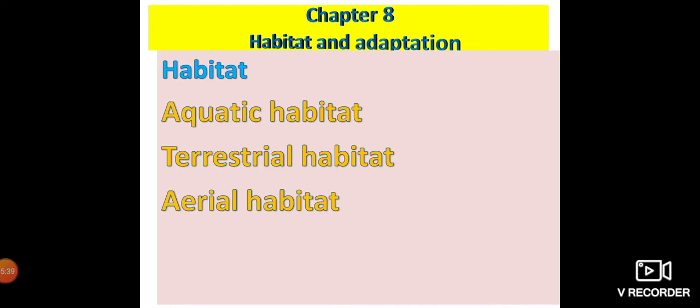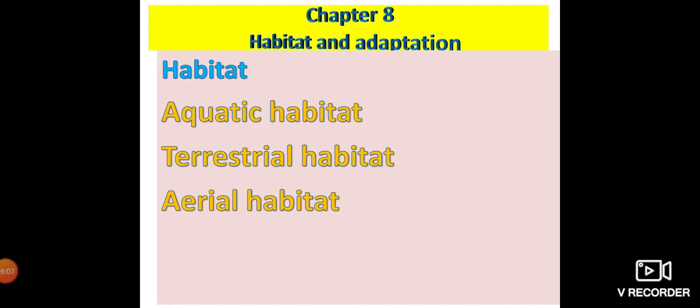Not only that, the fish also interacts with the water, air, and temperature. So the fish interacts with the physical conditions and also other plants and animals, other organisms. These are included in the habitat.